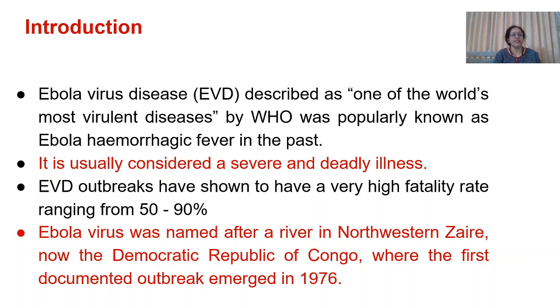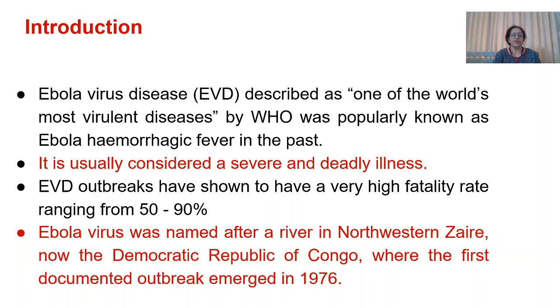It is usually considered a severe and deadly illness. Outbreaks of Ebola virus disease have shown a very high fatality rate, ranging from 50 to 90%. That is, the mortality rate, if you compare with other viral diseases, is too high.